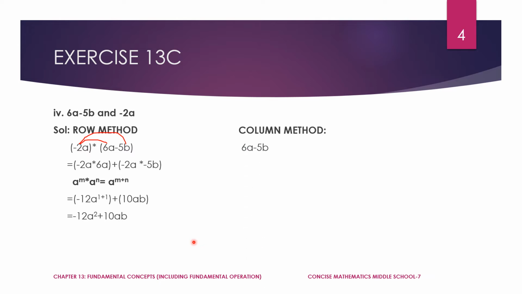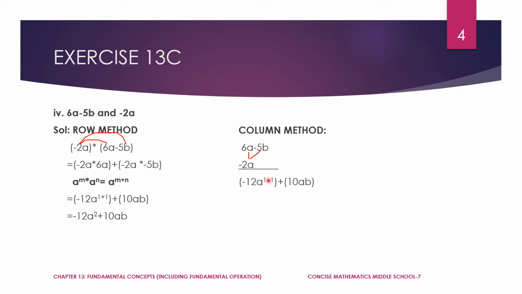Next, column method. This is the question that we need to multiply. Firstly, you have to multiply 2a, 2a into 6a, minus 2a into minus 5b. So when you multiply it, you will get plus into minus, minus, 2 6s are 12, a to the power of 1 plus 1.